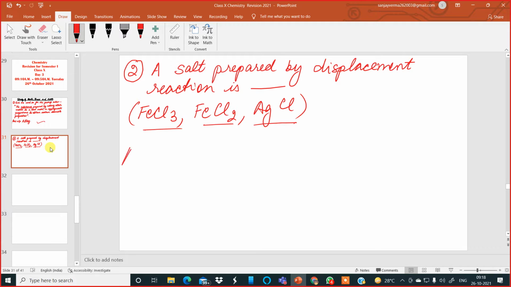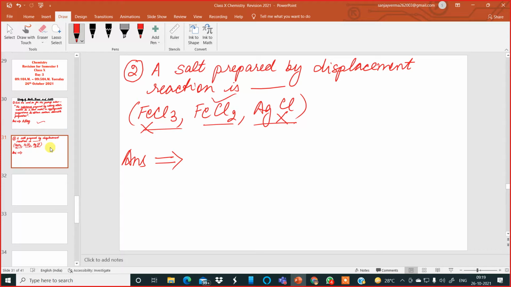Tell me, don't feel scared about the answer. Which is the salt prepared by displacement reaction? FeCl3, FeCl2. It cannot be FeCl3. It cannot be AgCl.